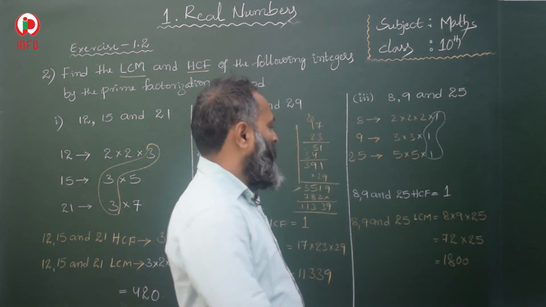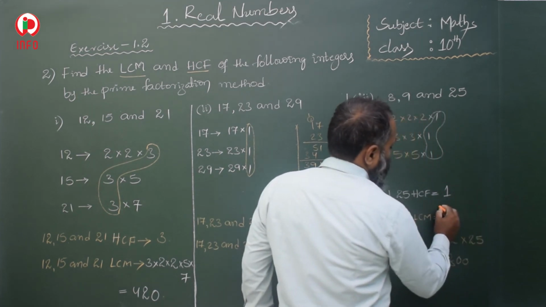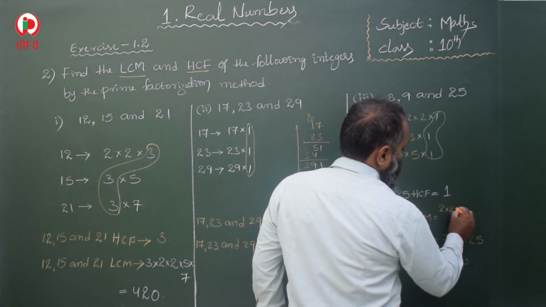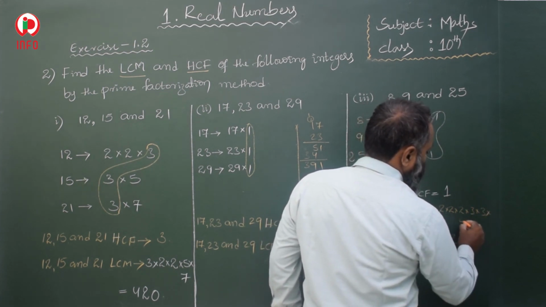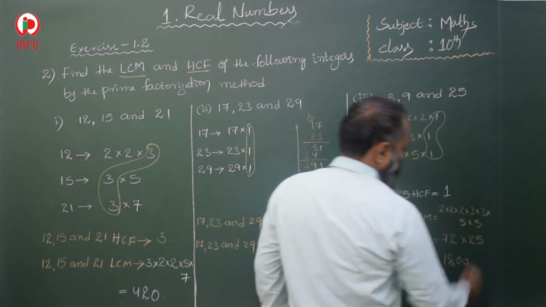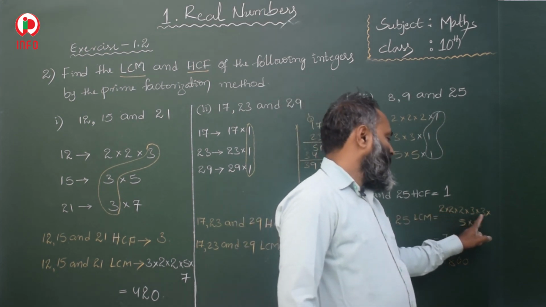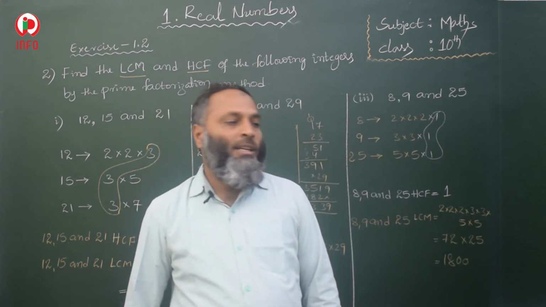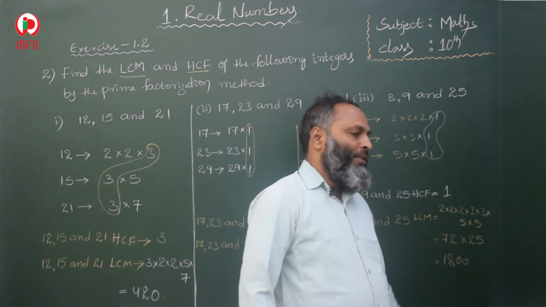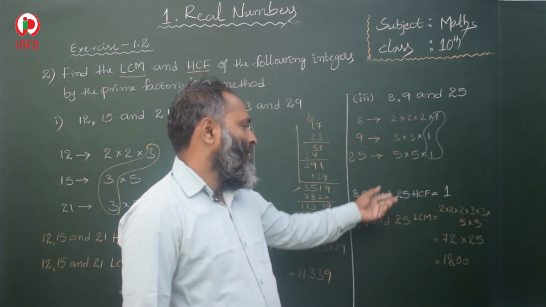Or otherwise, if you write in detail, 8 means 2 into 2 into 2, 9 means 3 into 3, 25 means 5 into 5. Now 2 fours are 8, 3 eights are 24, 3 twenty-fours are 72, 72 into 25. Now you multiply and you will get 1800. So this is our LCM, this is our HCF.